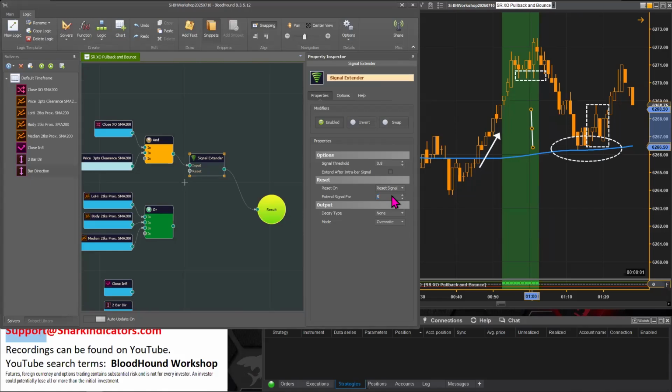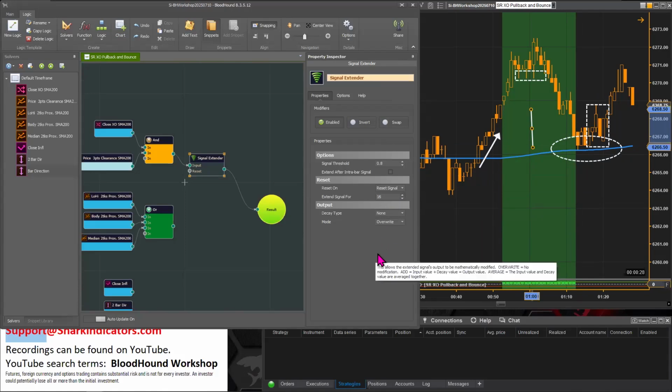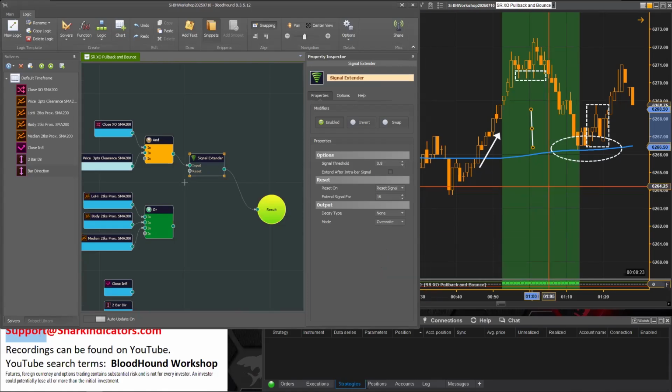Let's see, what are we gonna need? 15 bars maybe? Yeah. Can I put in a 1? No, I can't. Okay, I'll just use the up arrows there. So 15 was almost enough. Got us to that point there. And there we go.